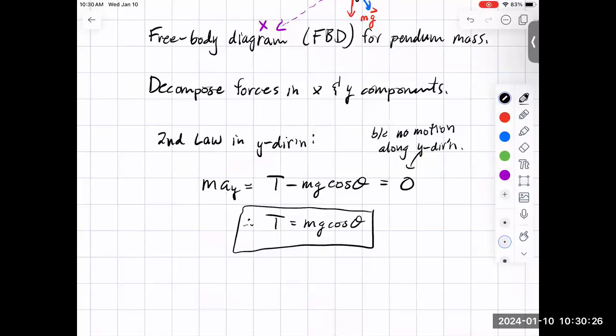On the other hand, if theta was equal to 90 degrees, then cos of 90 would be 0, and there would be no tension. And that makes sense because now the gravitational force is still down, it's always down, but the tension is vertical, and so the tension doesn't have to offset any gravitational force, and so it goes 0 when the mass is hanging at an angle of 90 degrees.